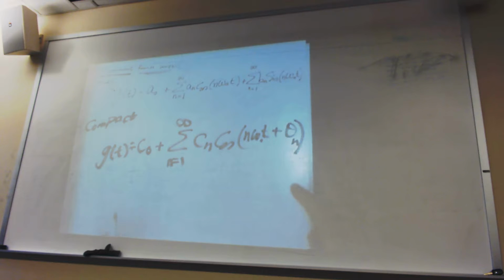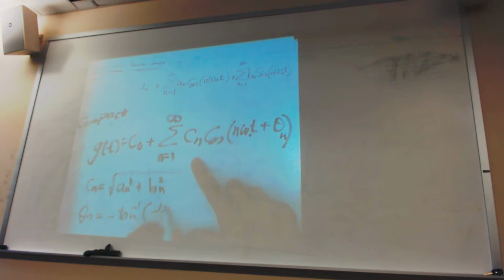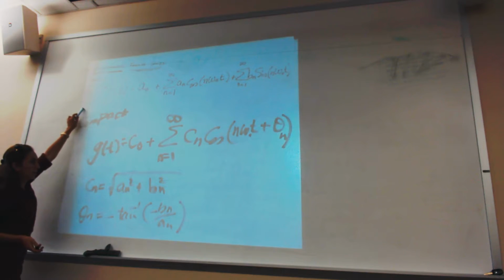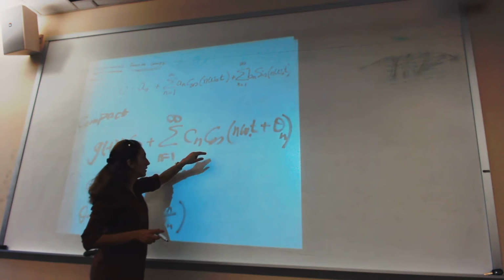And you know already the relation between Cn and An and Bn. So one question might be in the exam, I give you, for example, the trigonometric Fourier series, and I ask you to convert it to the compact, or vice versa. I might give you the compact and you convert it to the trigonometric series. So if you have the compact, how can you get that one?